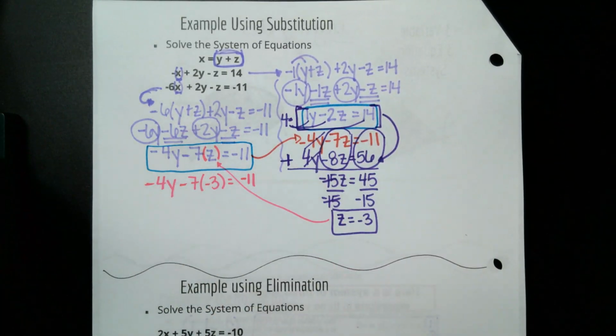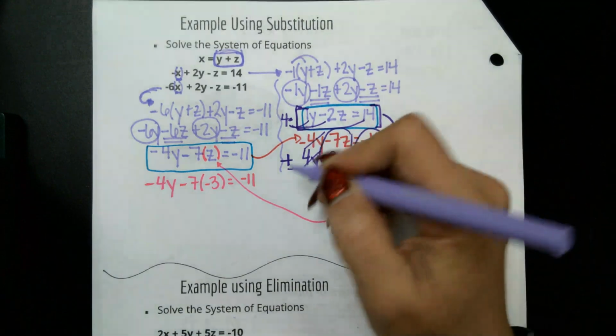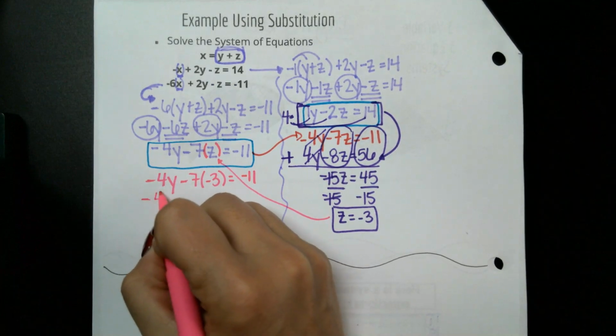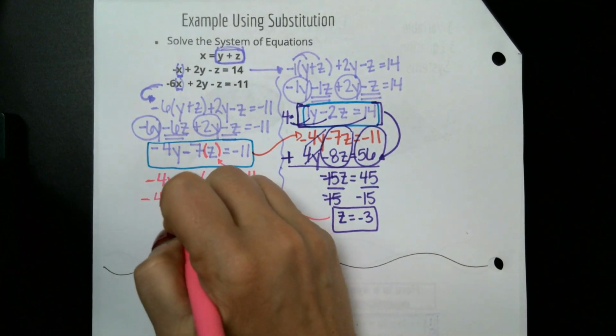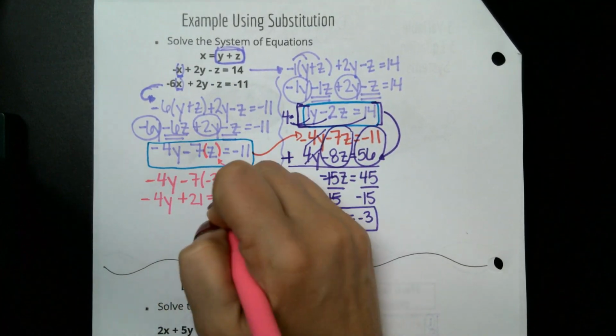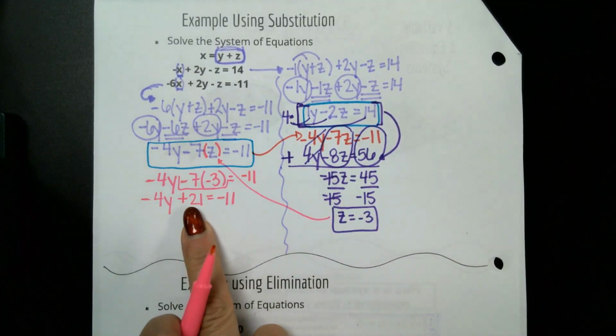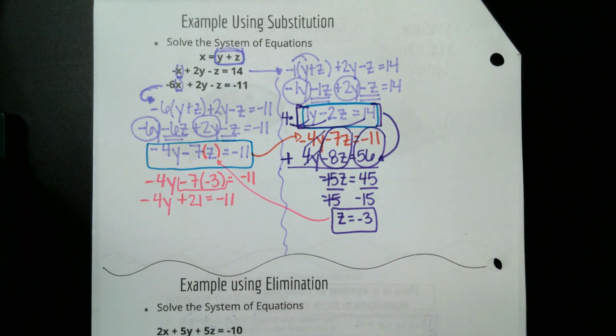And if you are somebody who writes super messy and kind of all over the place, it might be difficult to follow all this, especially while you're doing your own. So try to take your time and try to be neat. Okay, I multiplied these 2 together, giving me a positive 21. And then what do I do next?